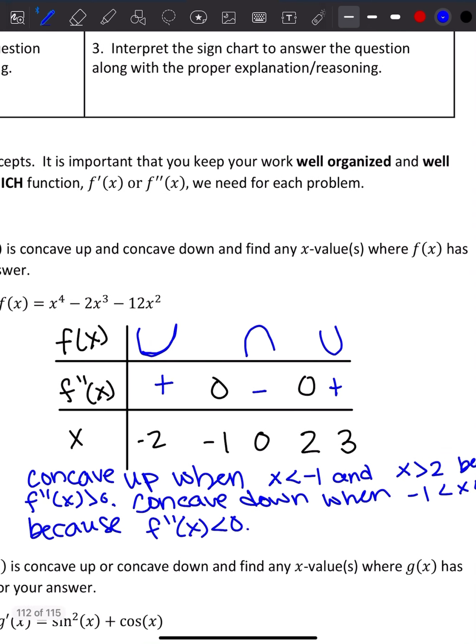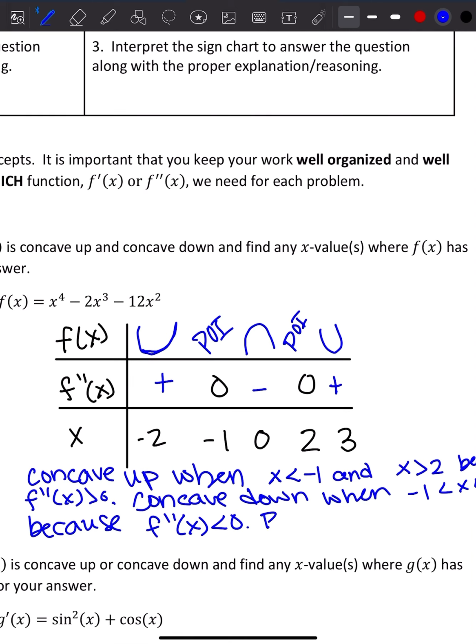And we also are looking for any POIs, so any points of inflection. So we have a point of inflection at -1 because we go from positive to negative, but we also have a point of inflection at 2 because we go from negative to positive.